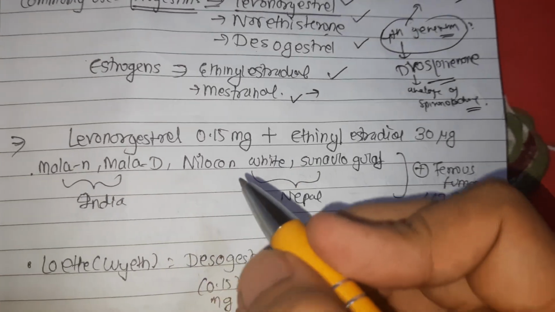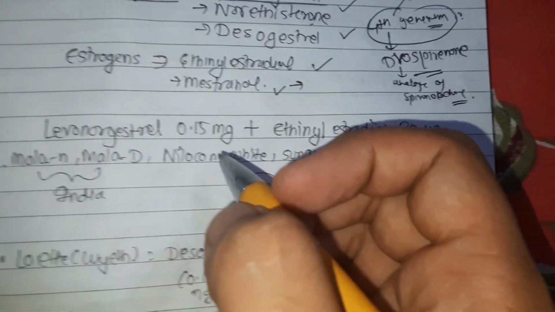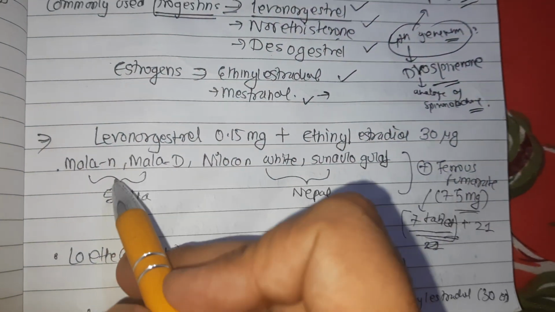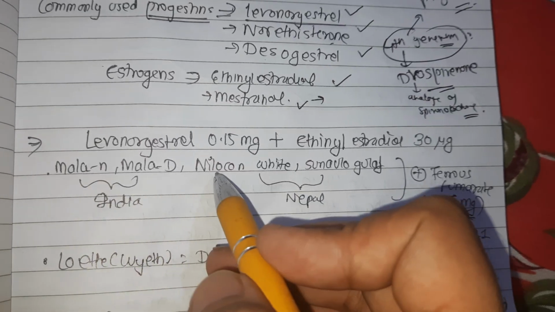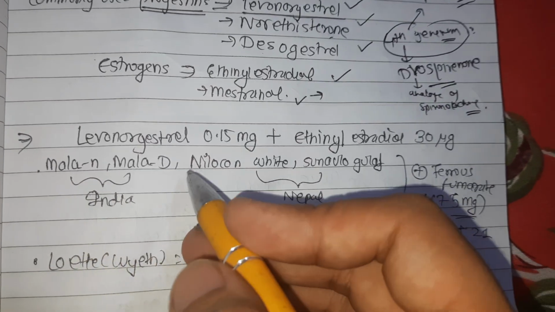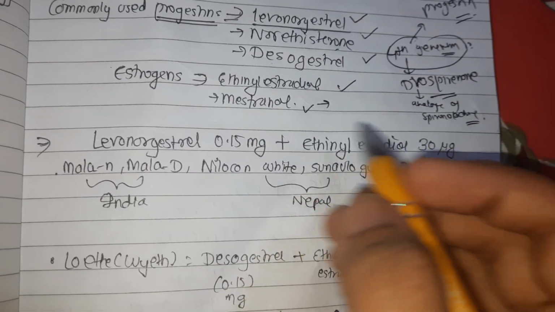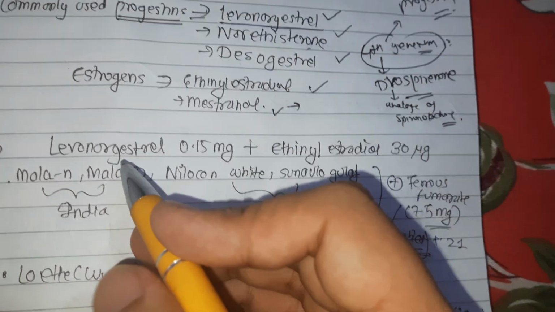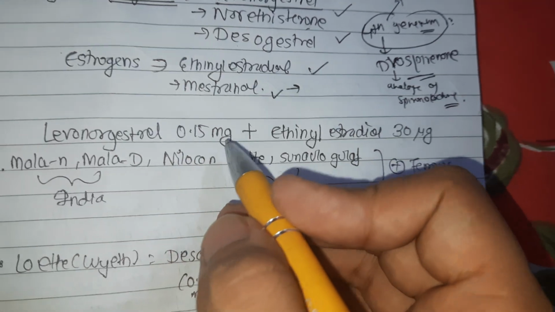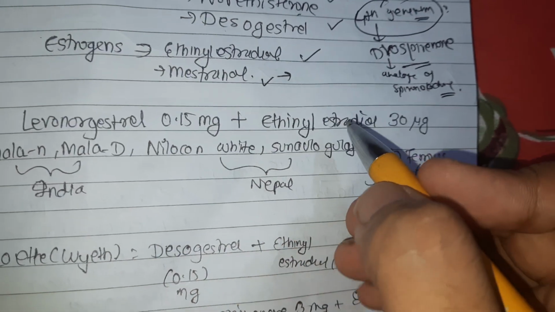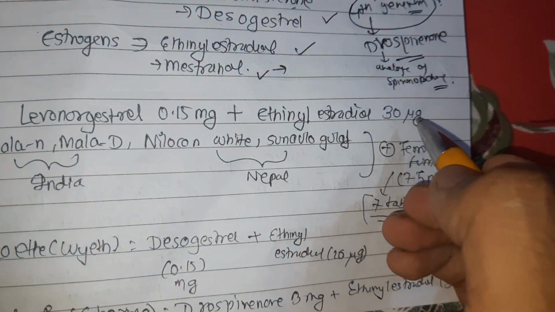In combined oral contraceptives, we have various brand names, such as Mala-N and Mala-D, mainly in India, and Nilocon White and Sunaulo Gulaf, mainly in Nepal. All of these have a similar composition, that is levonorgestrel 0.15 mg and ethinyl estradiol 30 microgram.